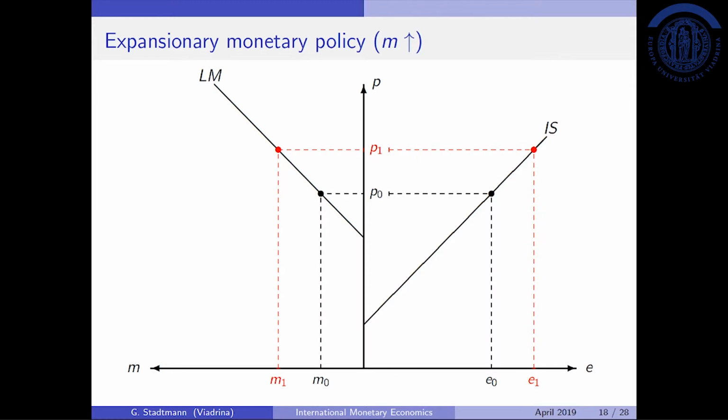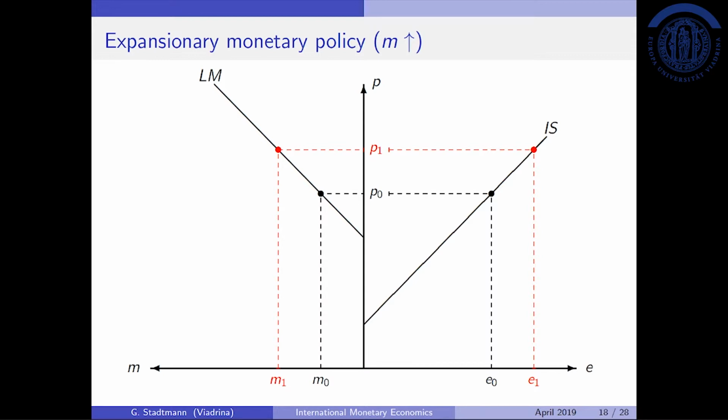And what also is important, from the right part of the diagram, we get the information that the exchange rate increases. An increase of the exchange rate symbolizes a depreciation of the domestic currency, and hence an increase in money supply leads to an increase in the goods prices, and it also leads to an increase of the exchange rate, a depreciation of the domestic currency.